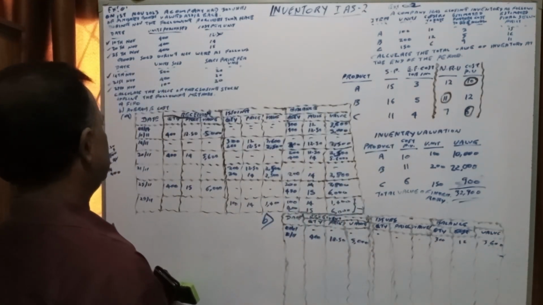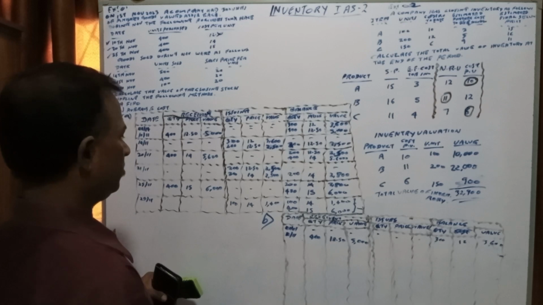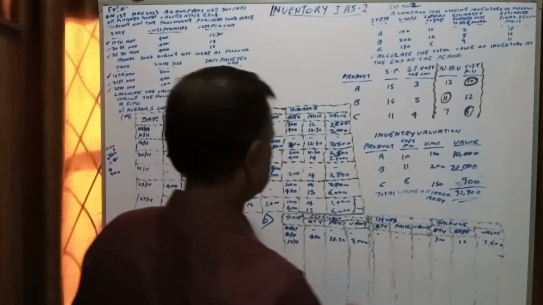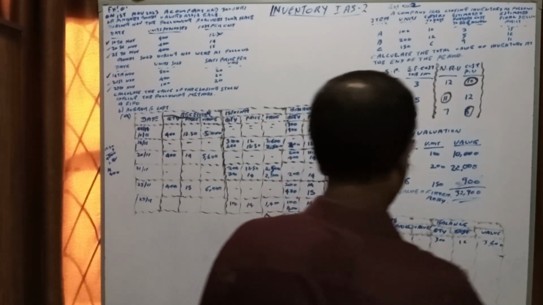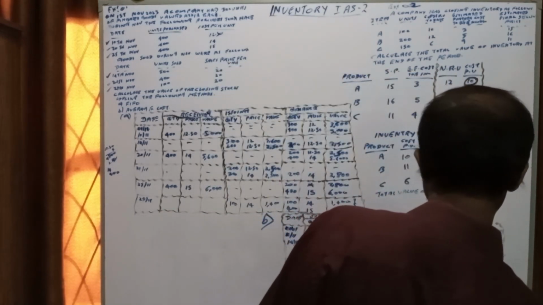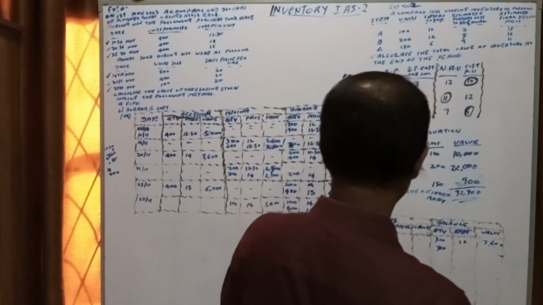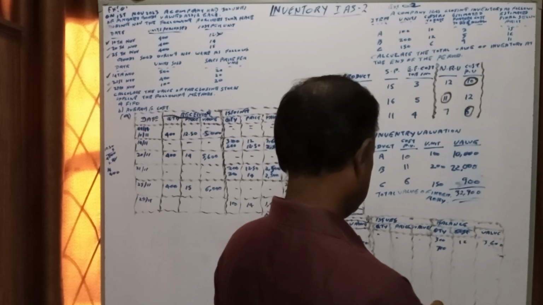Again on 14th of November we are selling. Before that we have to add this 400, so 700 units would be the balance, with the value of 8,600.